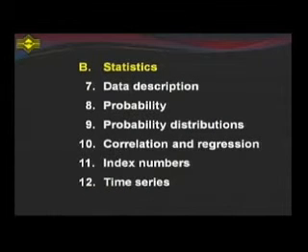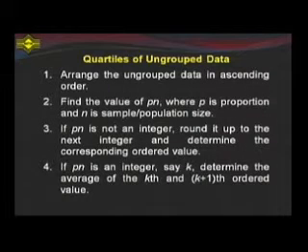The topic of data description covers representations of data, measures of central tendency, measures of dispersion, and skewness. The quartiles of ungrouped data are usually determined as follows. 1. Arrange the ungrouped data in ascending order. 2.